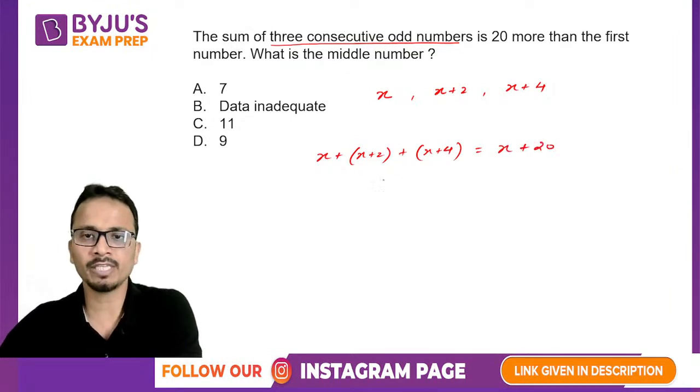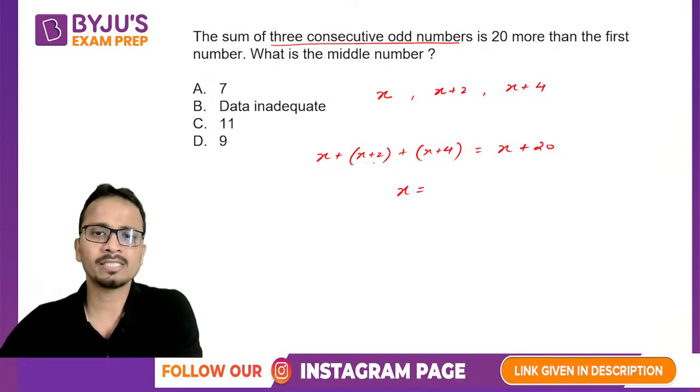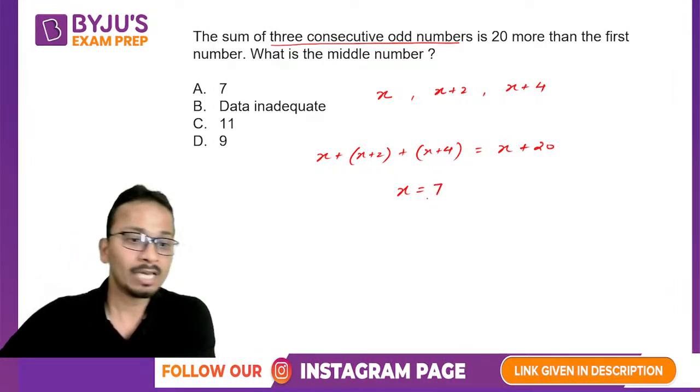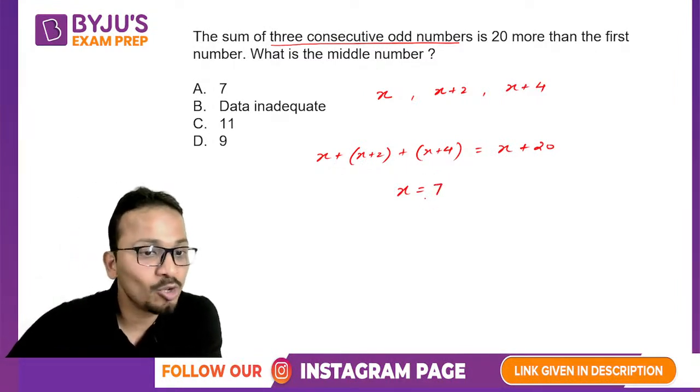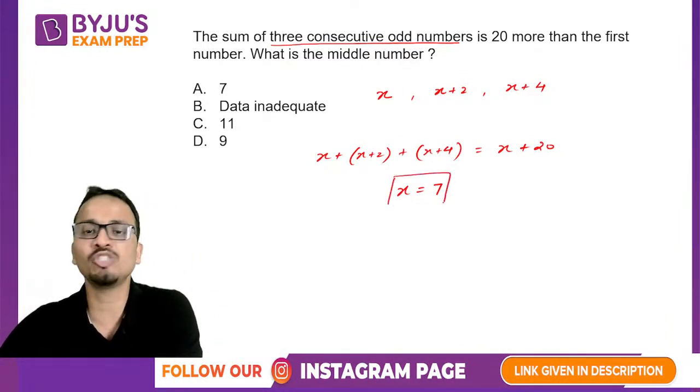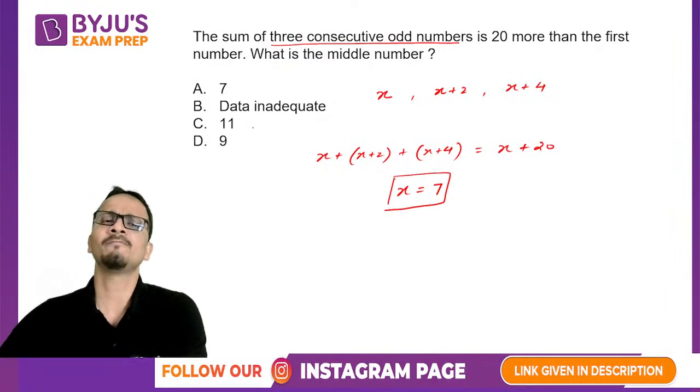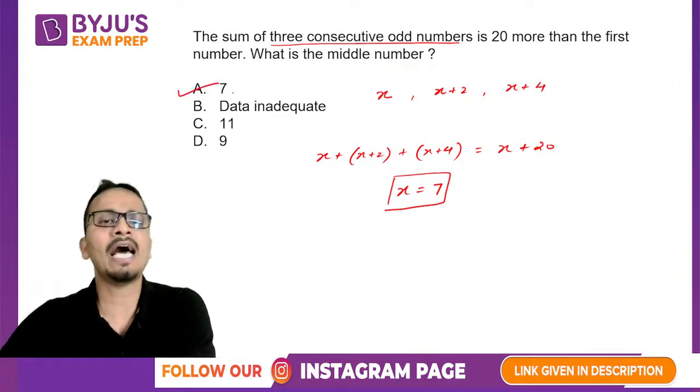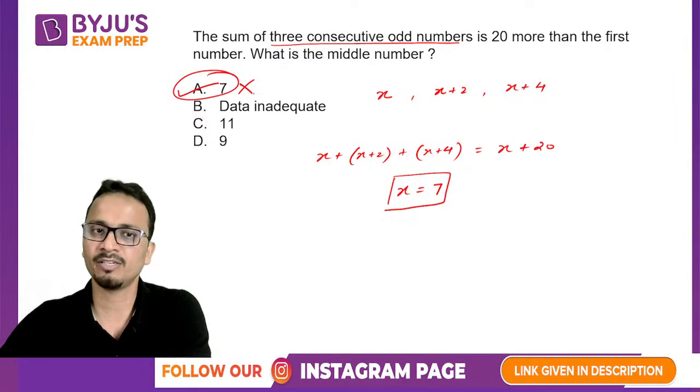Upon solving this, x will get cancelled, 2x equals 14, so x equals 7. Now this is the mistake. Yes, Mohammed Tariq, look here. So the value of x has come. हम generally क्या करते हैं? X का value आया और answer mark कर दिया A, and we will have -1.